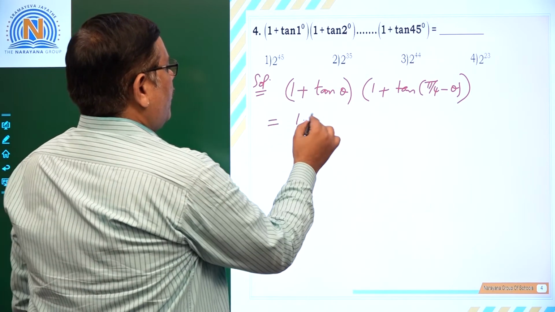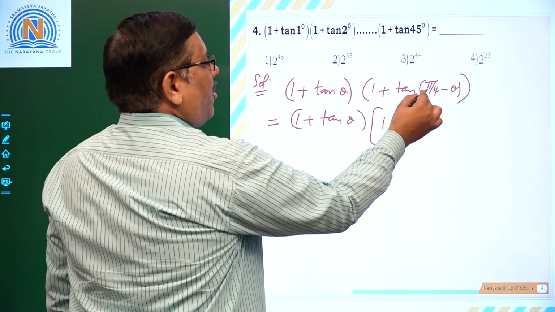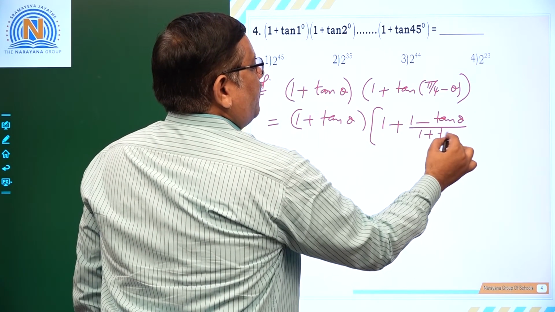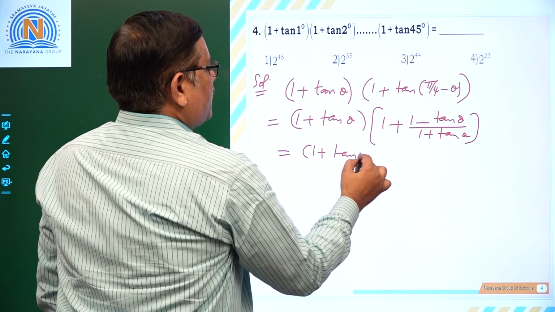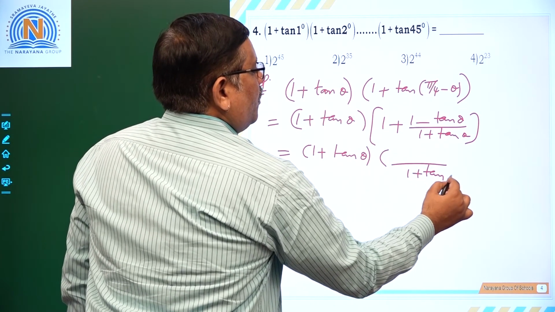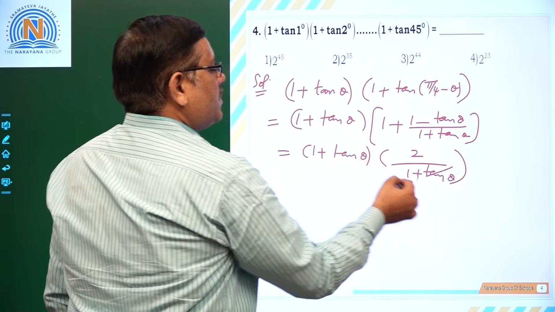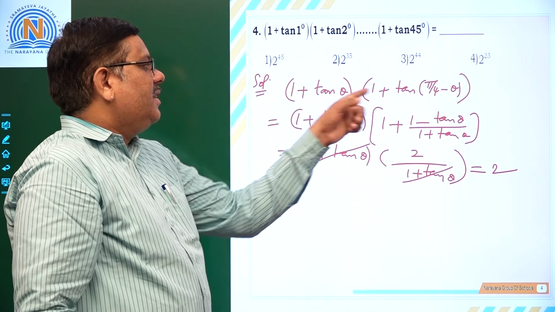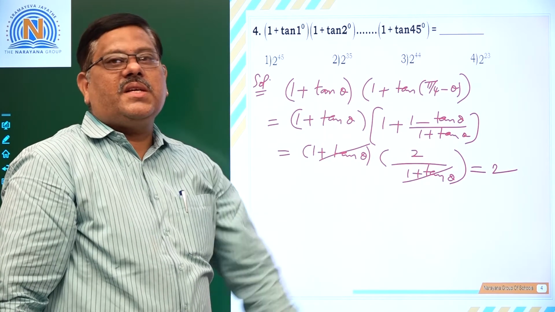That is going to be 1 plus tan theta into 1 plus tan of 45 degrees minus theta, which is 1 minus tan theta by 1 plus tan theta, plus 1. That is simplified further. That becomes 1 plus tan theta into, here 1 plus tan theta will be the LCM. Numerator is 1 plus tan theta plus 1 minus tan theta, that is nothing but 2. So these two will cancel. The result becomes 2. So wherever you have 1 plus tan theta into 1 plus tan of pi by 4 minus theta, the result is always equal to 2.